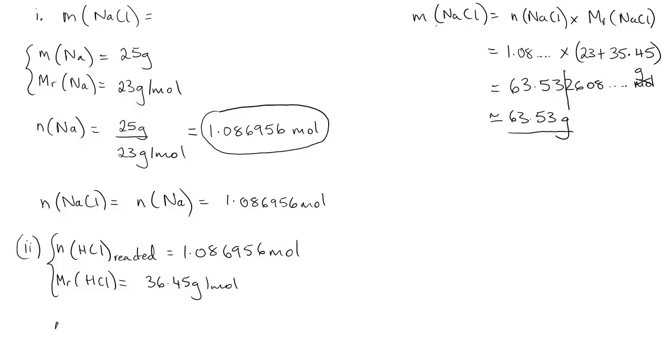Then we can work out the mass of HCl, which is the mole times the molar mass. Multiplying 1.086956 by 36.45, we end up with a value of 39.62 grams. So that's the mass of hydrochloric acid.